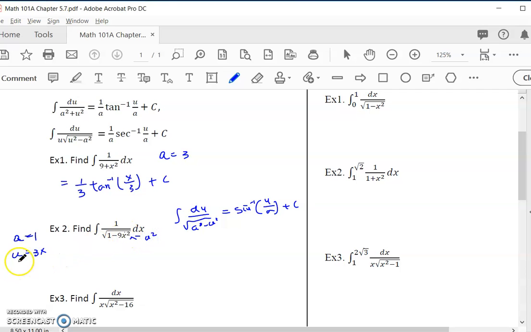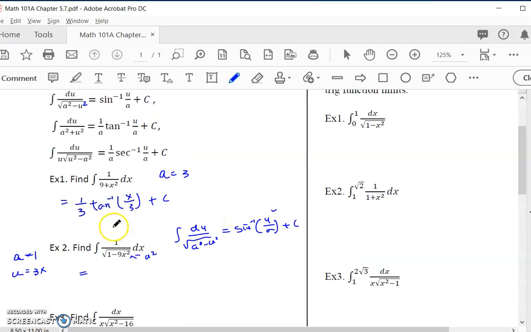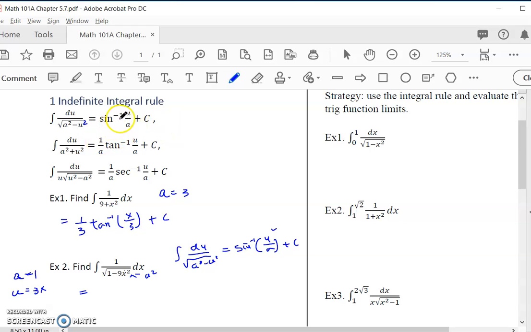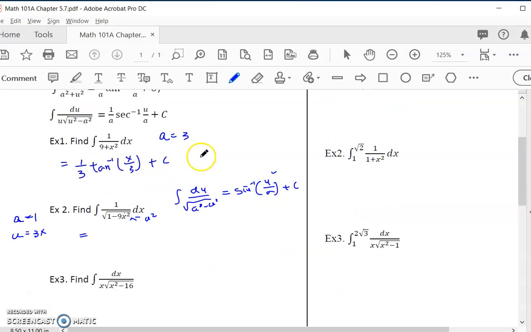Is there a 1 over a outside? No. The sine is the one where there's no 1 over a; for tangent and secant, you have 1 over a outside. So this becomes sine inverse of 3x plus c.